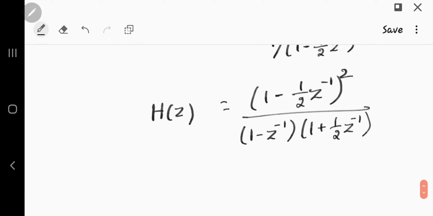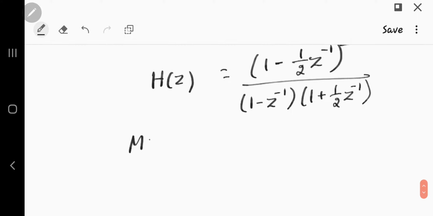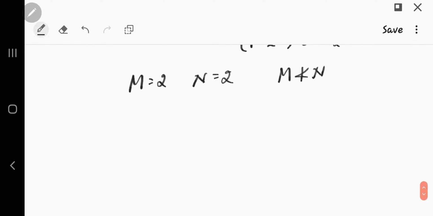Now if you look at the numerator and the denominator, both m is equal to 2 and n is also equal to 2. So therefore m is not less than n, so we have to go for the long division method.